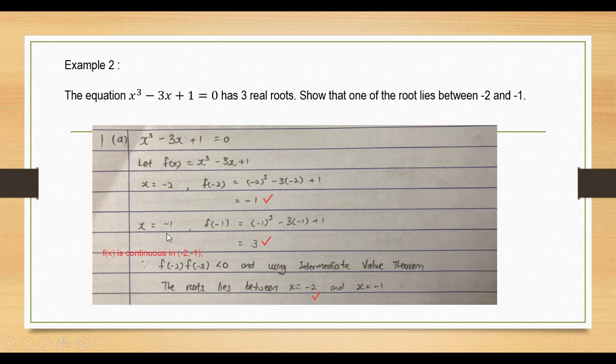When we substitute x equals negative 1, we get 3, which is greater than 0. You can make the conclusion like this, but you have to add that f(x) is continuous in [-2, -1]. So f(-2)·f(-1) is less than 0, and using the intermediate value theorem, the root lies between x equals negative 2 and x equals negative 1.